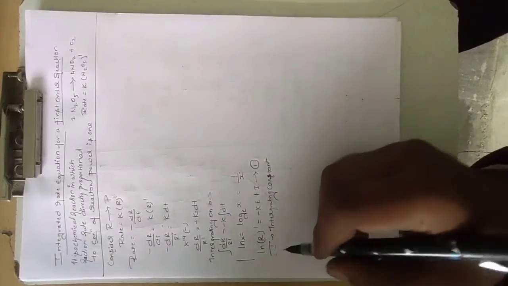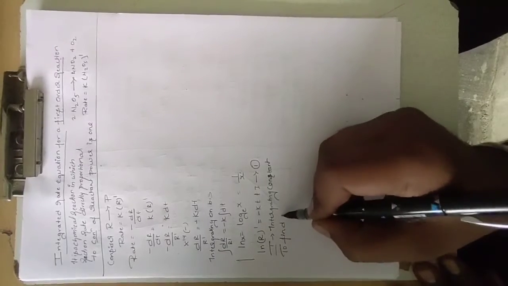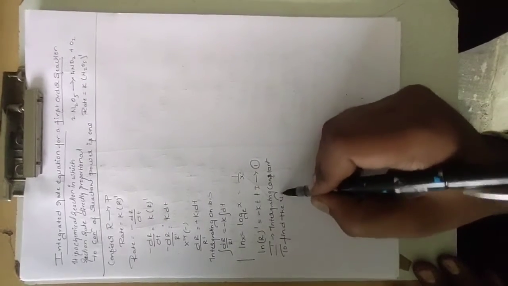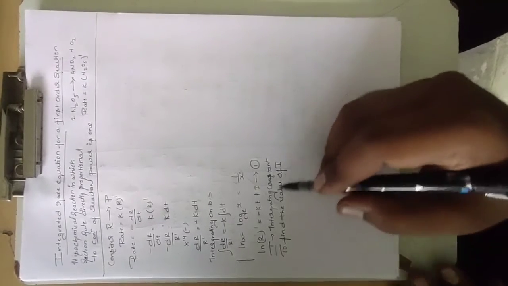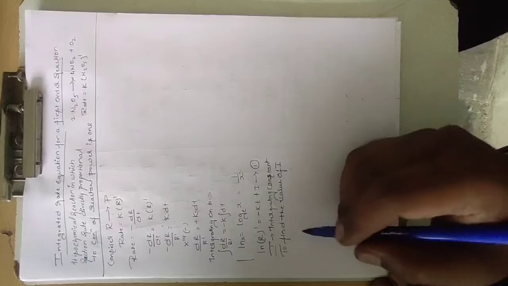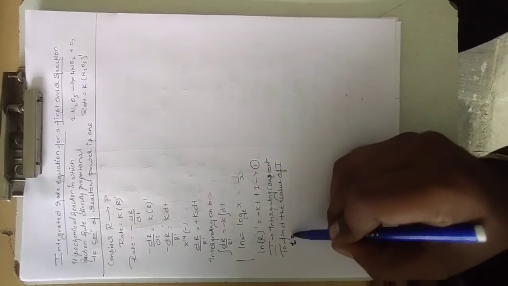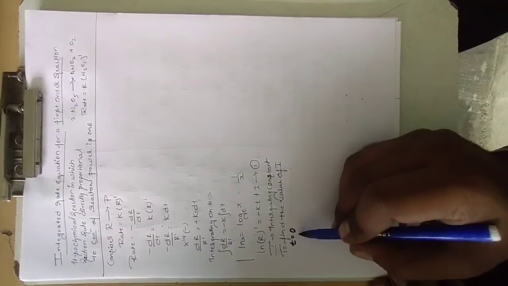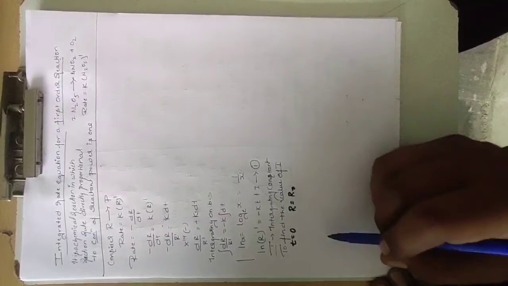Now we are going to find the value of I, the integrating constant. To find the value of I, we take t equals 0 and [R] equals [R]0.